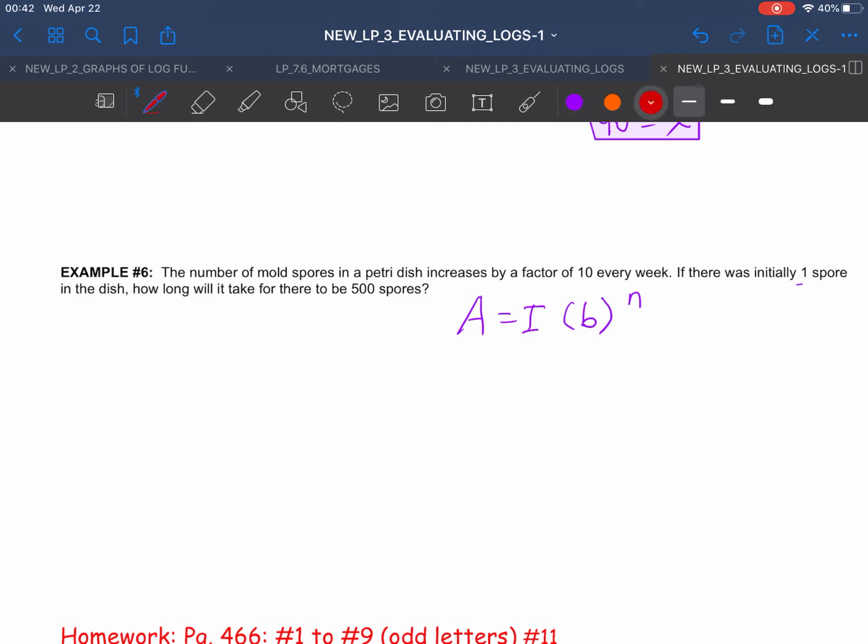Now, A is always the final amount. I is initial. B is the growth factor. And N is the number of periods.